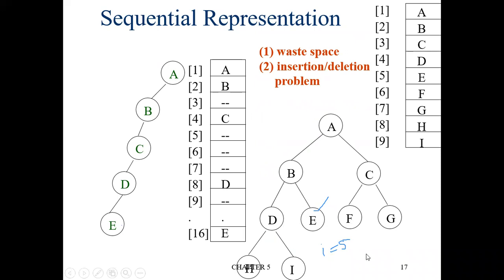I equals 5. So the parent of node E will be at the position I by 2, which is 5 by 2, that is 2.5.